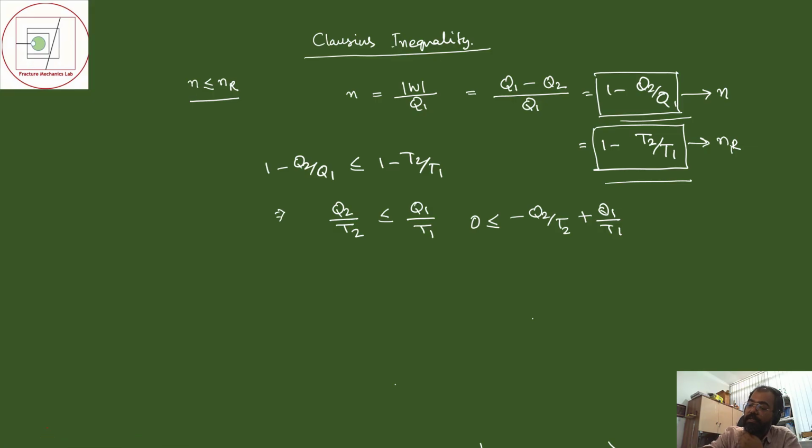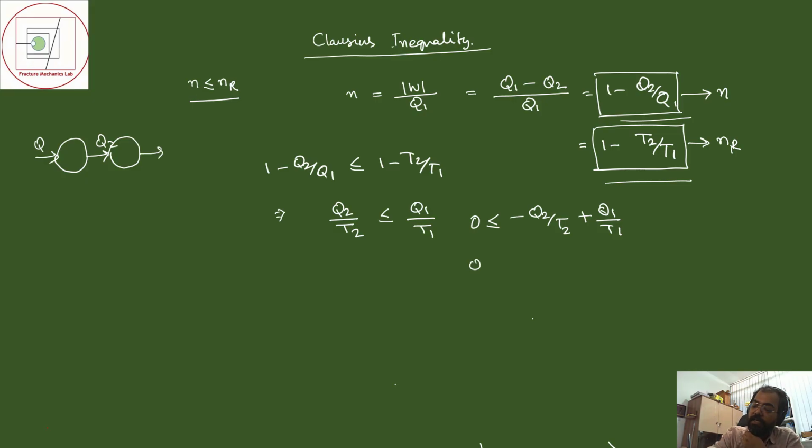Now Q1 is the amount of heat given to the system. If I define Q2 also as the amount of heat given to the system, you can imagine a composite engine where Q1 amount of heat is given to an engine and it rejects Q2, so it is minus Q2. But this Q2 goes to another engine where it becomes positive, so that's the amount of heat given to the system, and so on.